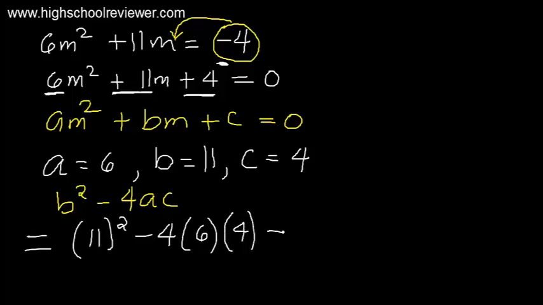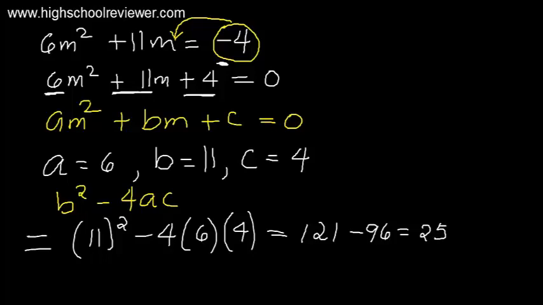So we have 11 raised to the power of 2, that will give us positive 121 minus 4 multiplied by 6 multiplied by 4. This will give us positive 96. So our b squared minus 4ac will be equal to 121 minus 96. This is positive 25.